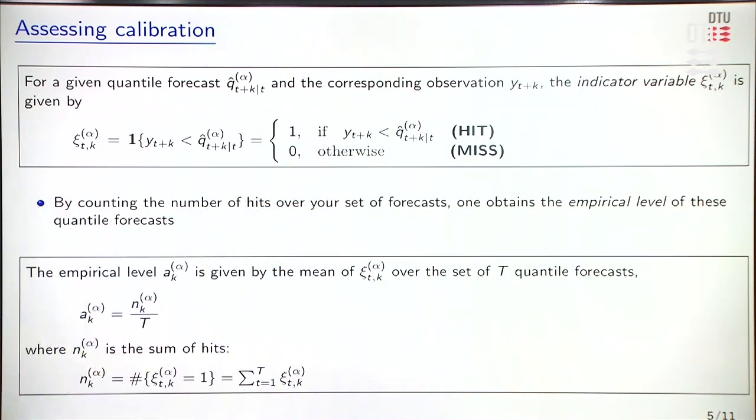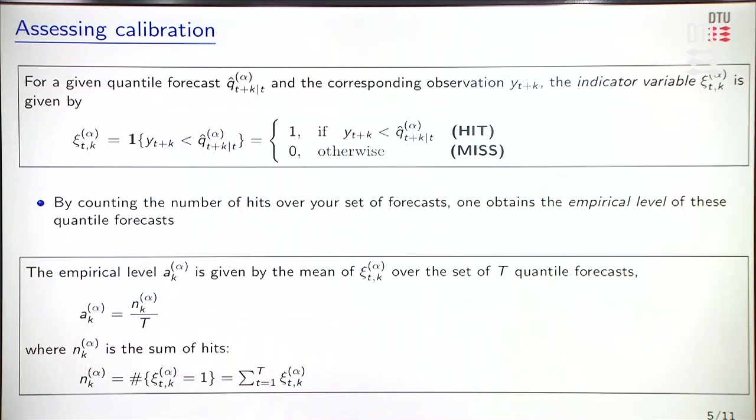In a mathematical manner, we can write it in a more compact form with this unitary function. Then by counting the number of hits and misses over the set of forecasts, so let's say we are forecasting over 6 months and we are collecting a lot of forecasts for all these lead times of interest, we can obtain the empirical level of this quantile forecast. And this empirical level, which we denote a_k alpha, k since we calculate it for a given lead time.